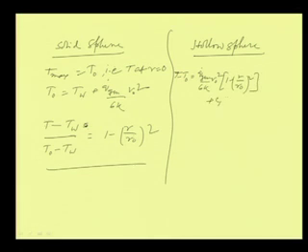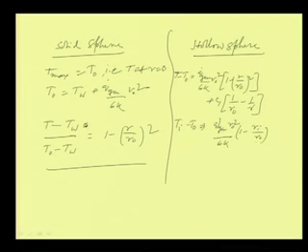plus C1 into 1 by r naught minus 1 by r, and from the T_i minus T naught expression we get q dot gen by r naught square by 6k into 1 minus r_i by r naught square plus C1 into 1 by r naught minus 1 by r_i.